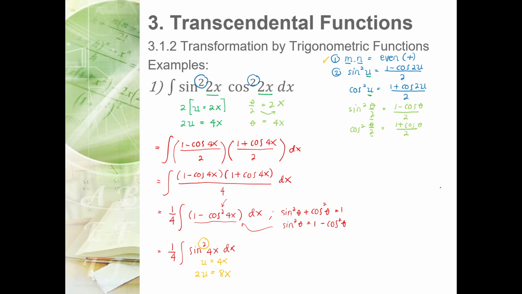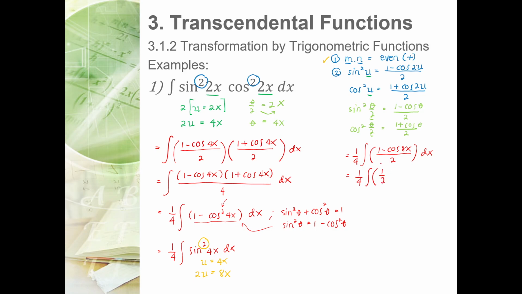So we now have 1/4, then we have 1 minus cosine 8x all over 2 dx. So expanding, you have 1/2.